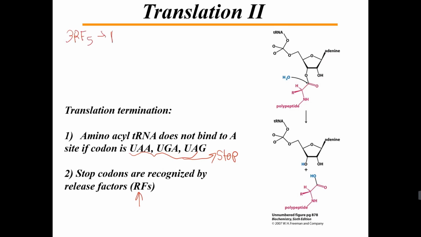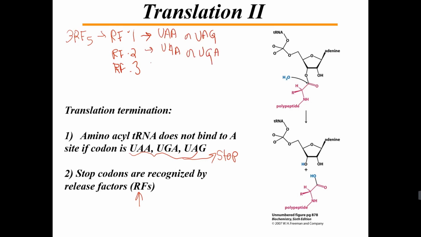and they consist of RF1, RF2, and RF3. RF1 will recognize the stop codons UAA or UAG. RF2 will recognize the stop codons UAA or UGA.